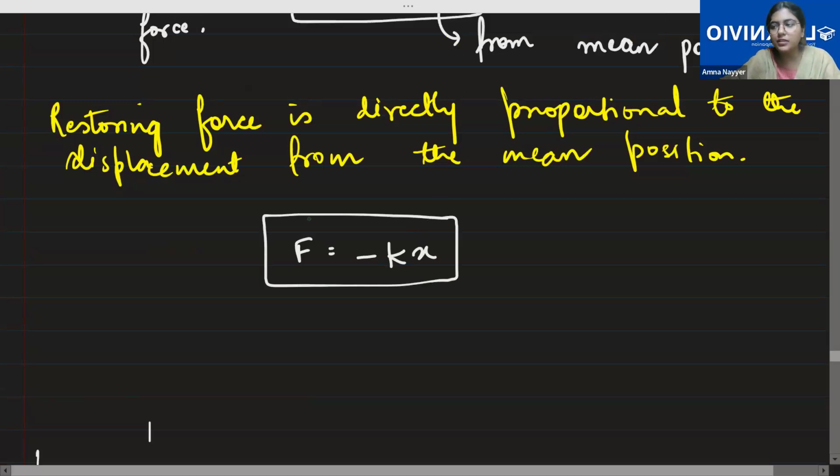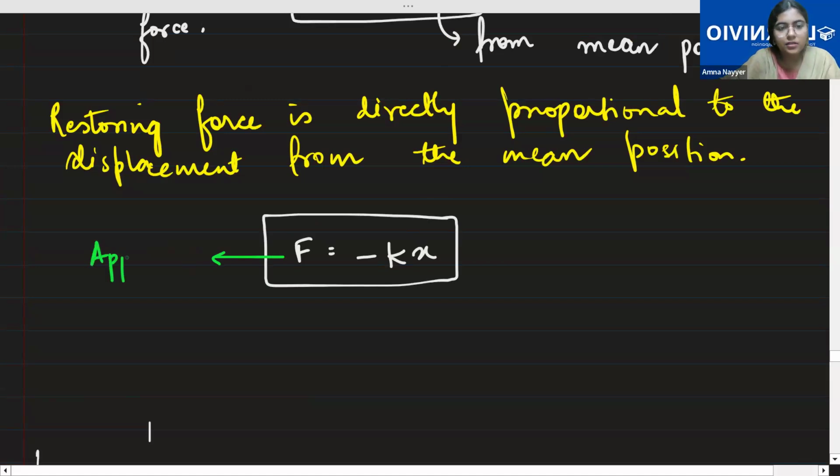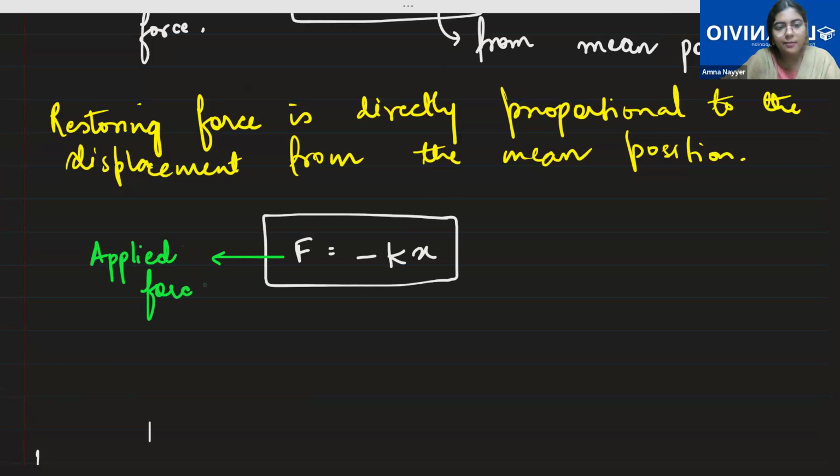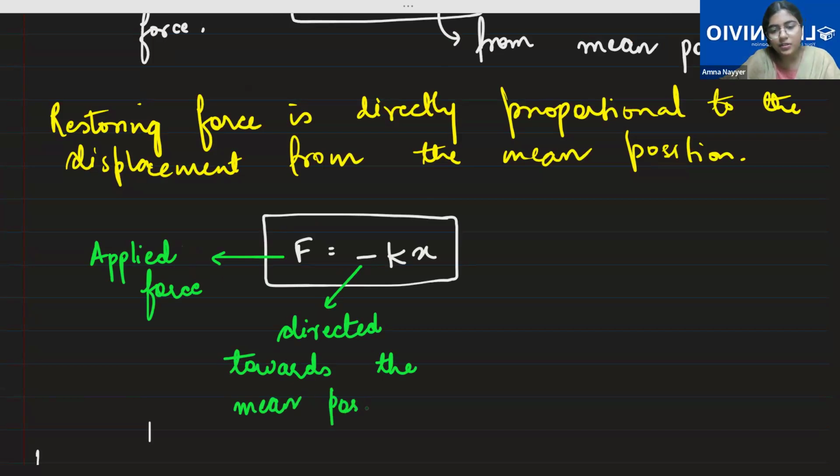See, what are the terms here? F is the applied force. The minus sign tells that it is directed towards the mean position.